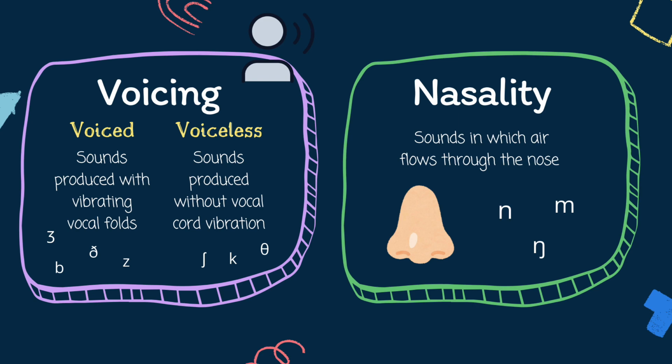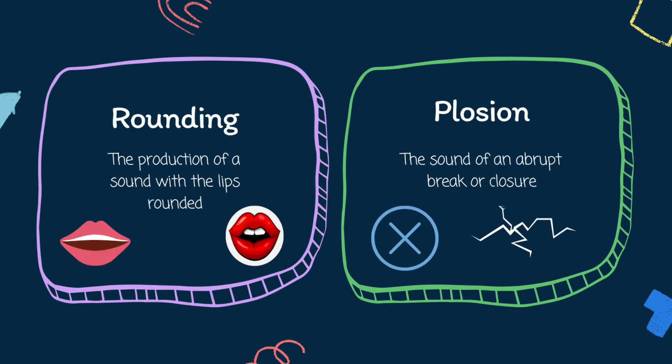Then we have nasality, which are sounds in which air flows through the nose, such as m and n. And then we have rounding, which is the production of a sound with the lips rounded. This can be seen with the vowels. And last one, closure, which is the sound of an abrupt break or closure.